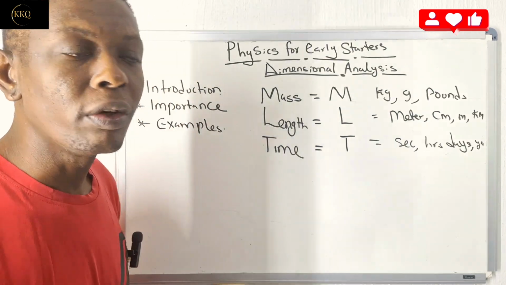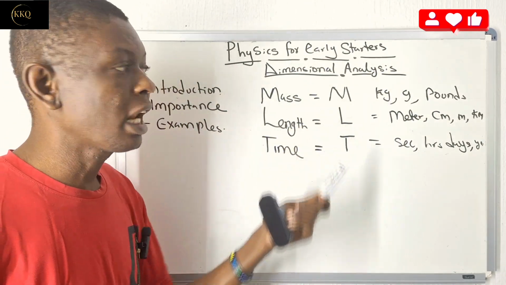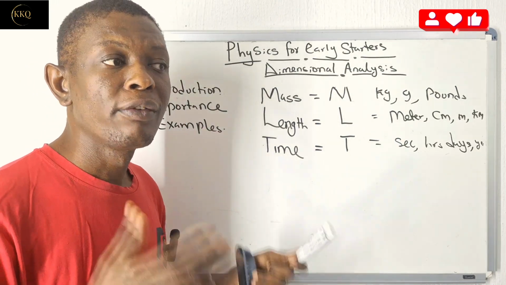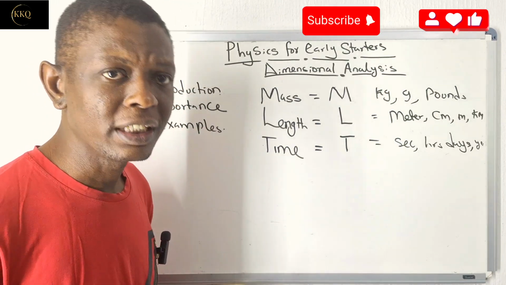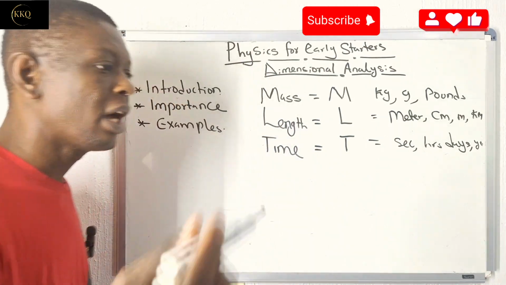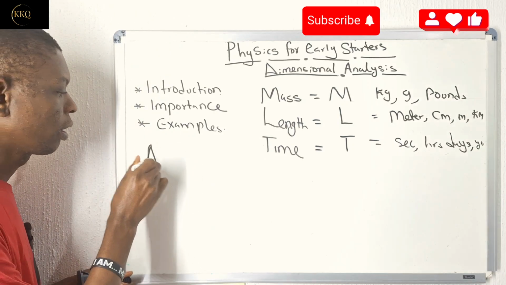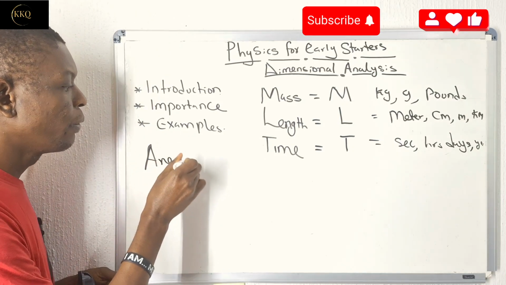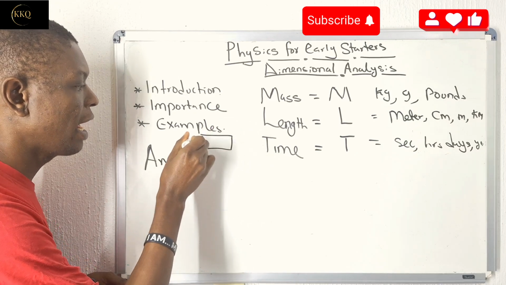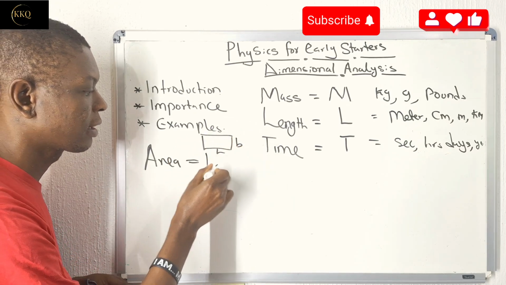So we will make use of dimensional analysis to generate most of our derived quantities. So join me as I do one now, fast. Now, when we have something like area, you know that area is simply length times breadth.